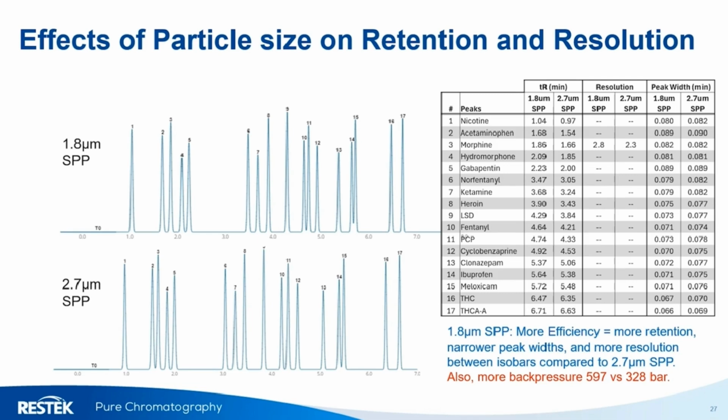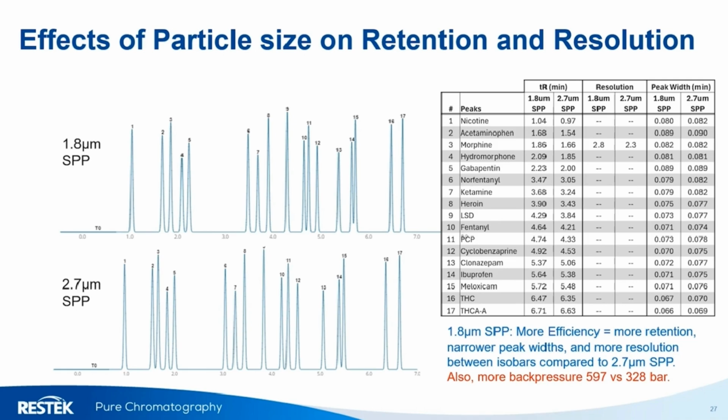We're also seeing that retentions are slightly longer on this particle, given the smaller particle size and the higher efficiency. But that smaller particle size also translates into more back pressure. So going to the 1.8 micron particle from the 2.7, the pressure is now about 597 bar versus 328 bar for the 2.7.